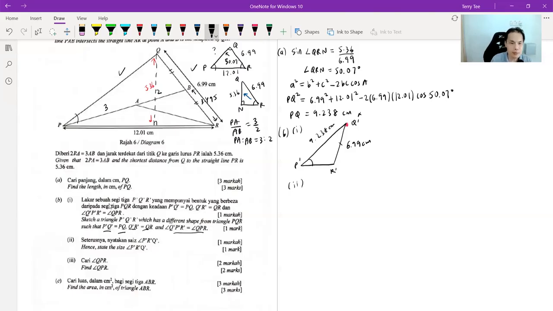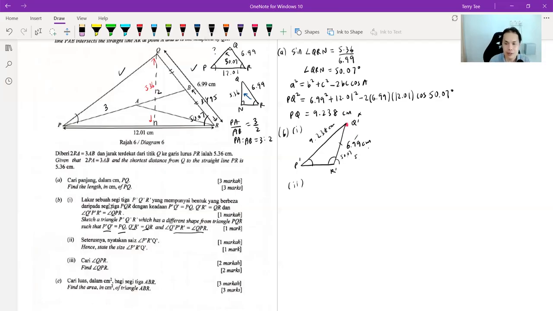Now, notice just now, previously we got this angle as 50.07. And if I were to extend this, we know this is 50.07. In fact, this is also 50.07 because they are equal length. And therefore, the angle next to it should be 180 minus 50.07 because it's a straight line.